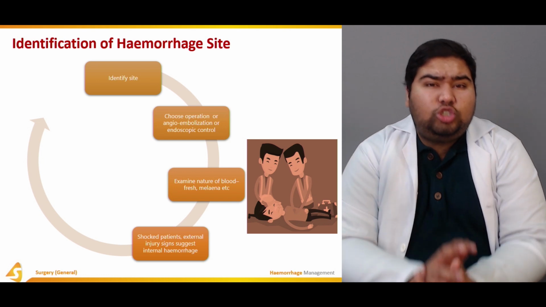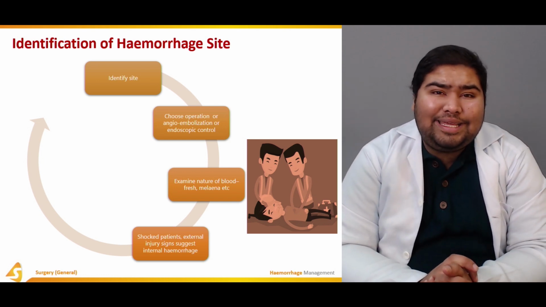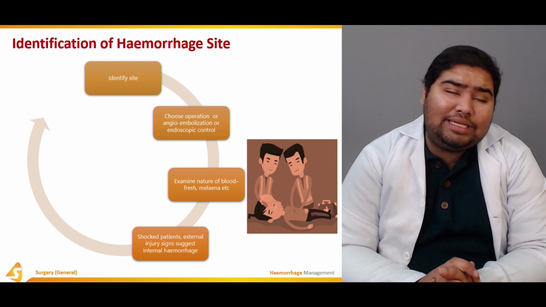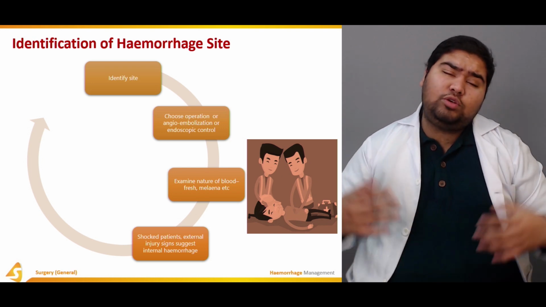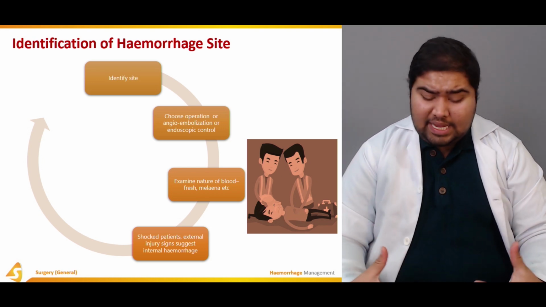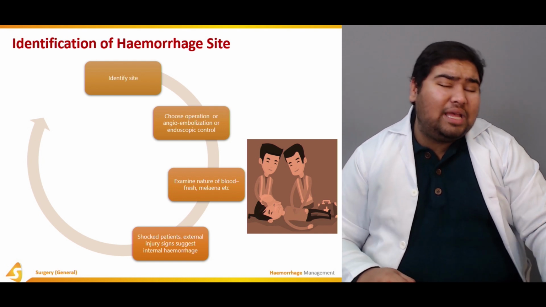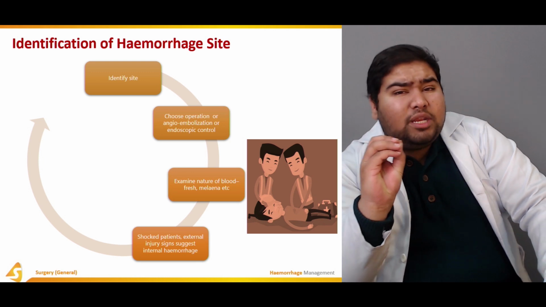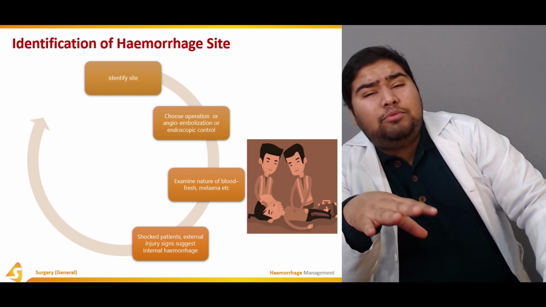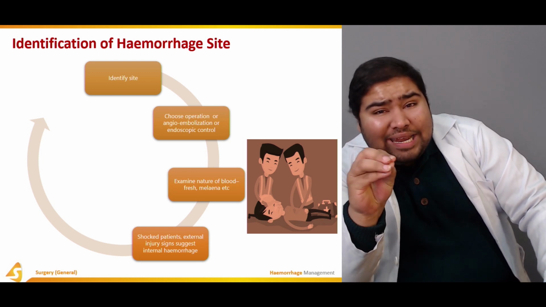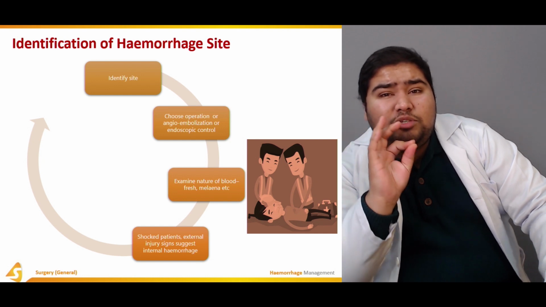Then in shocked patients, the external injury signs suggest internal hemorrhage. So you see a lot of injury to a patient, but no obvious hemorrhage in that patient. The abdomen is tense and tender. That is a sign of abdominal bleeding.